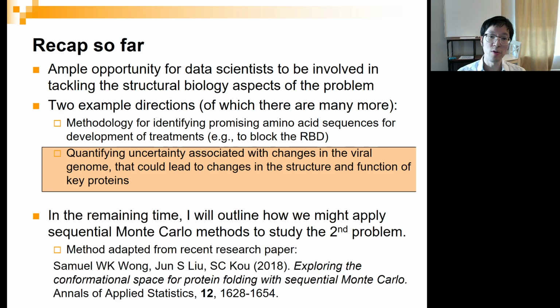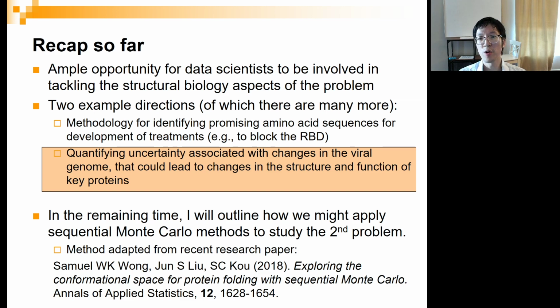In the remaining time, I'm going to outline how we can take some statistical methodology, specifically sequential Monte Carlo methods, to help study and tackle the second problem. I will outline some methodology that's been adapted from my own research, published a couple of years ago in one of my earlier papers.